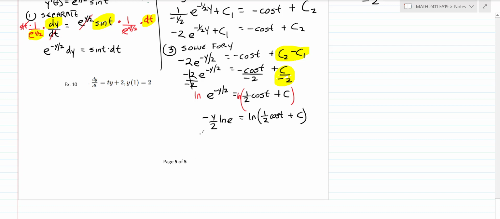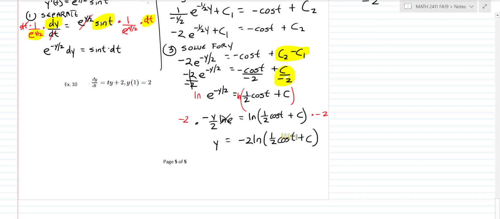All right, now of course the log of e is 1. So I'm just going to multiply both sides by negative 2, and that'll get y by itself, so we have y equals negative 2 ln of 1/2 cosine t plus c. Okay, so you've got that absorbed into one constant.